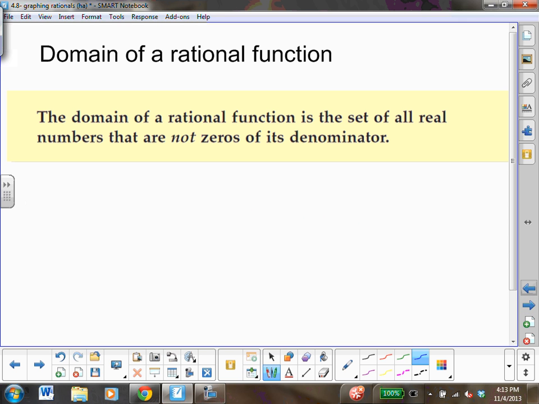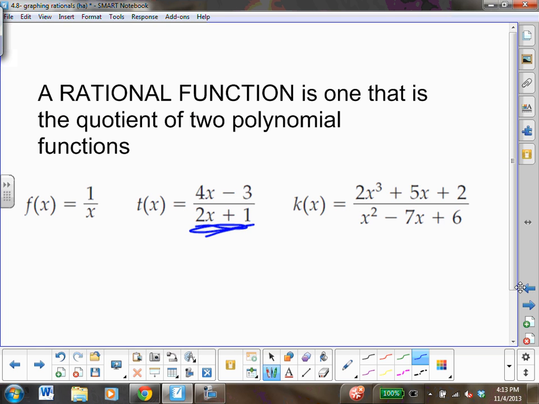The domain of a rational function is all the numbers that do not cause a zero in the denominator of the fraction. So, if I look back at these previous examples, I take this middle one. The domain is every number except for the number that causes the denominator to equal 0.